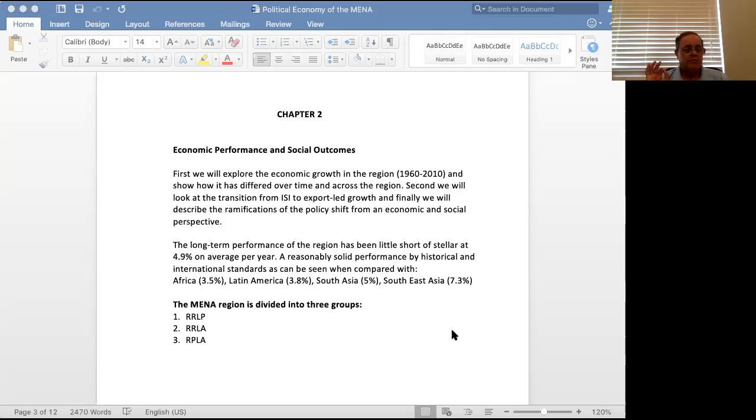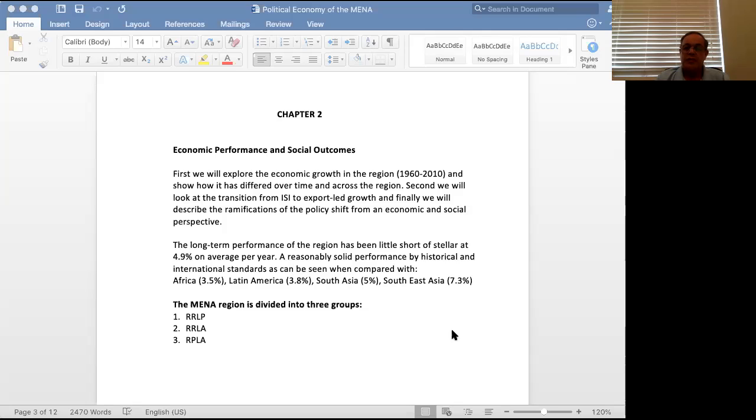In other words, they were doing extremely well, because on average, the MENA region was growing at about 4.9% per year for all those years from 1960 to 2010. And that's a pretty good growth rate for the region.